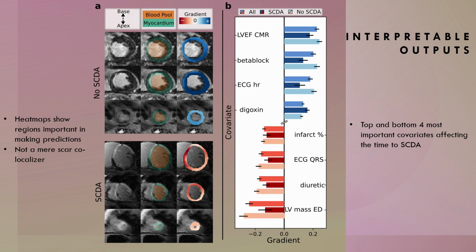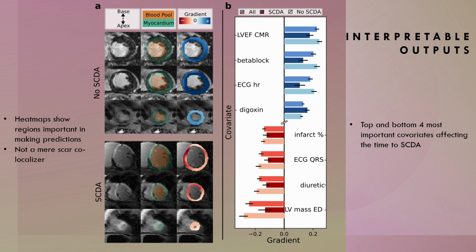This one is a patient who had scar, of course they all had scar, but didn't have any risk of sudden cardiac death. So the neural network did not pick anything from here. This is a patient who we predicted will have an event, had an event, and you can see here this is the infarct. It picked some of that, but picked other areas.